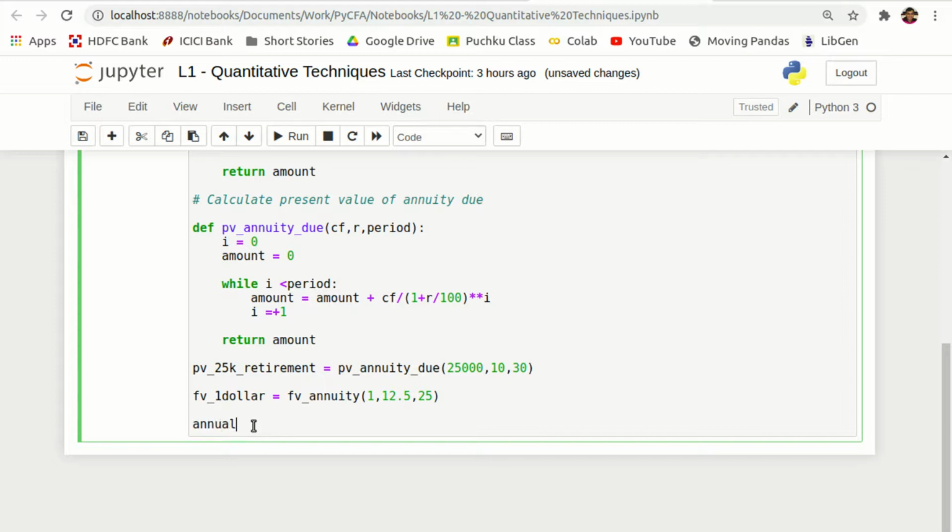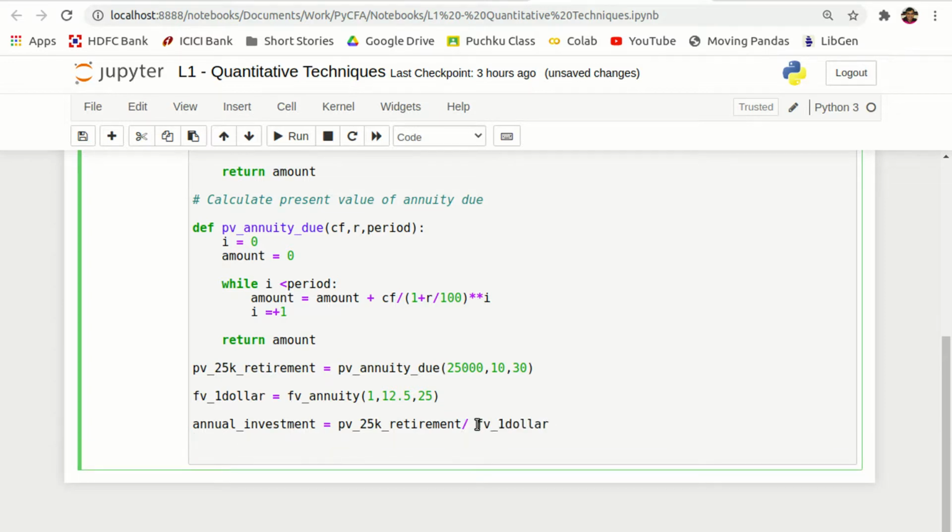So annual investment works out to, let's just copy paste these. And let's print out the answer.